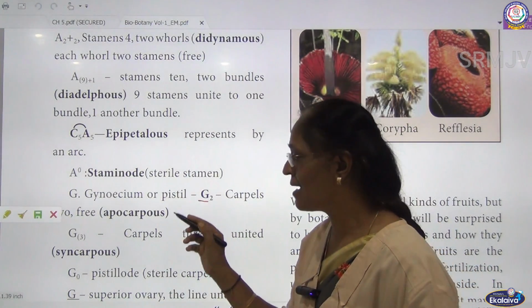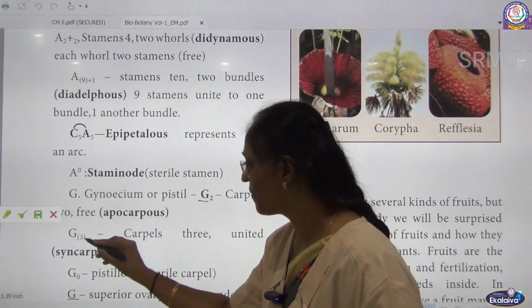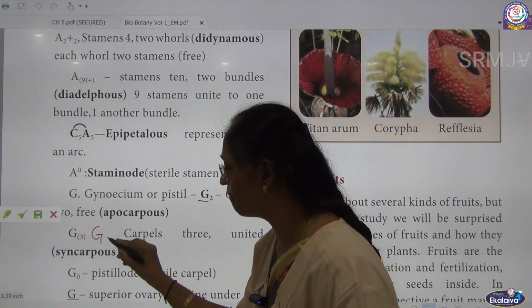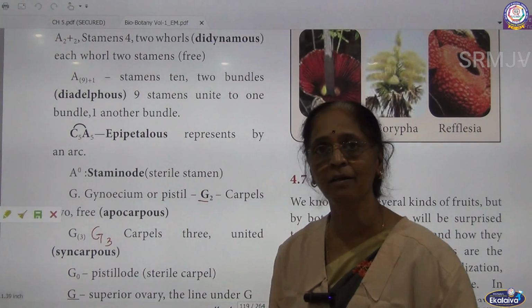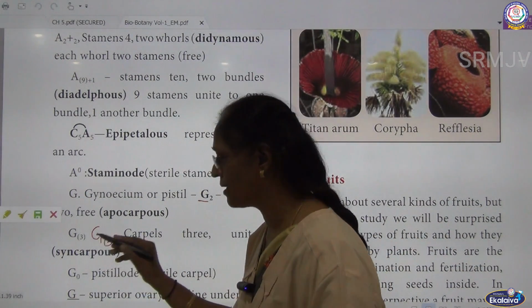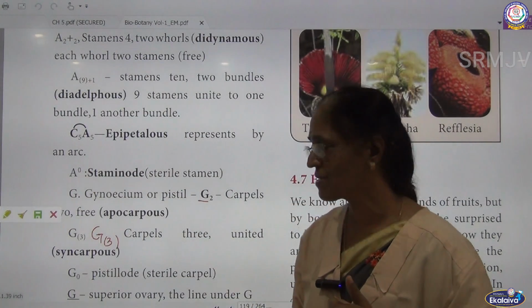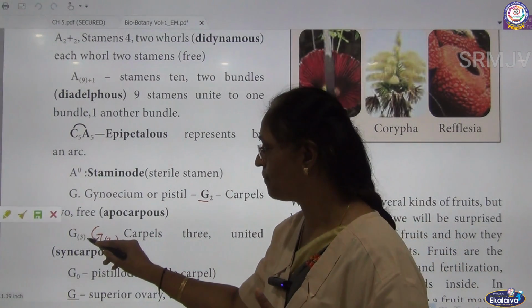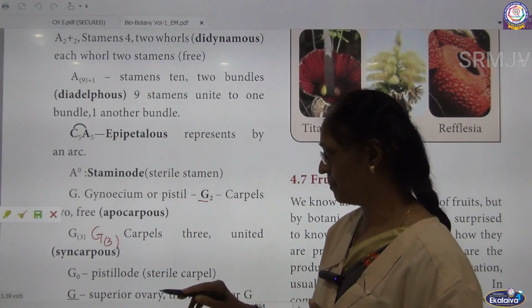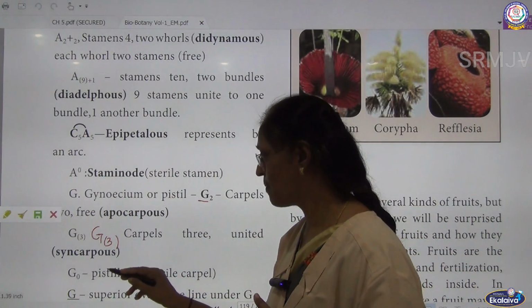If the carpels are fused, then you represent it with G, and how many carpels are there? 3 are there, it is called tricarpellary, and if you put them inside the bracket, it is understood it is the syncarpous condition. So you will find G, tricarpellary, inside the bracket it is syncarpous. And again the same, if it is pistillode.